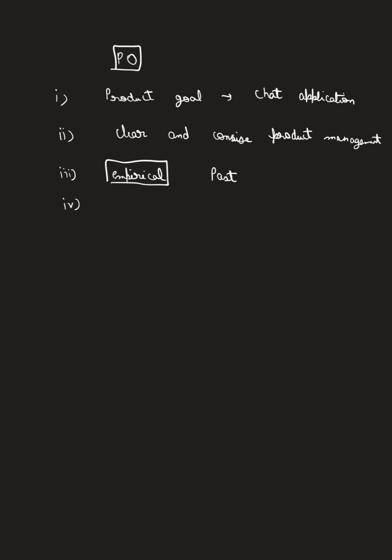Okay, he also helps in facilitating stakeholder collaboration as and when required. Facilitating stakeholder collaboration. There could be a scenario where you need help of stakeholders to understand or to solve some impediment. Then Scrum Master helps there also.